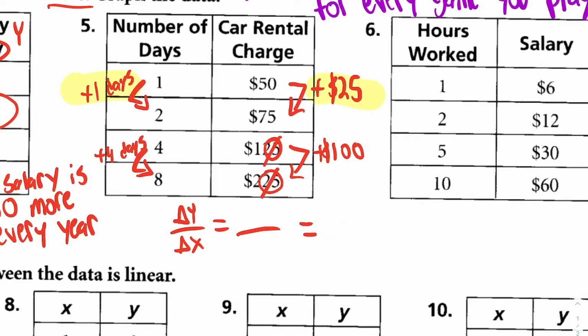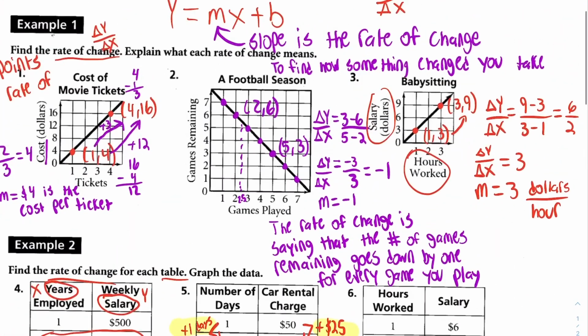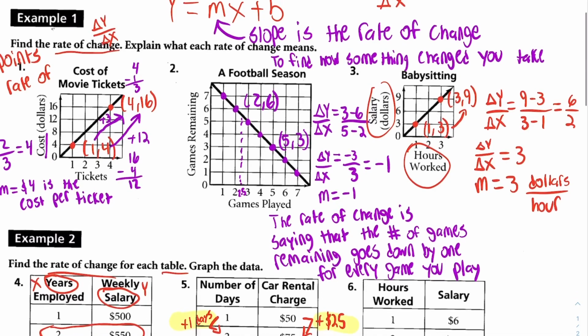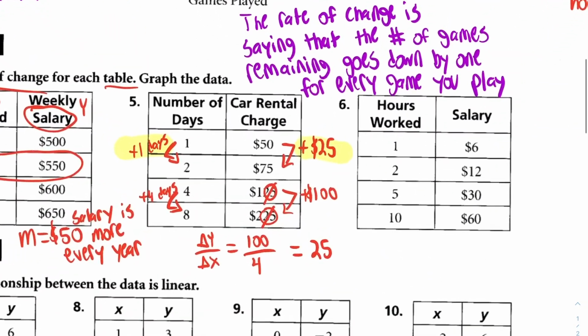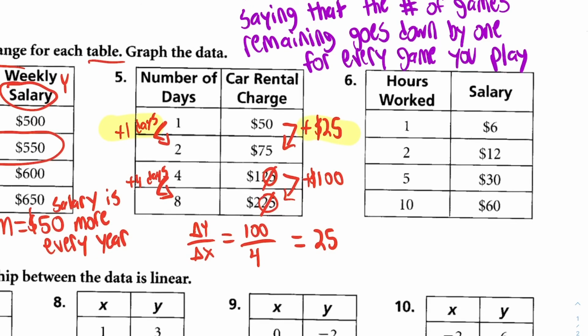Now let's make a new division. We went up for the y's by 100, and we went up for the x by 4 days. And what's 100 divided by 4? It's 25, which is what we got the first time. So whenever you're doing a table, whenever you're doing a graph, it doesn't matter which points you pick, you should be able to find the same rate of change no matter what.